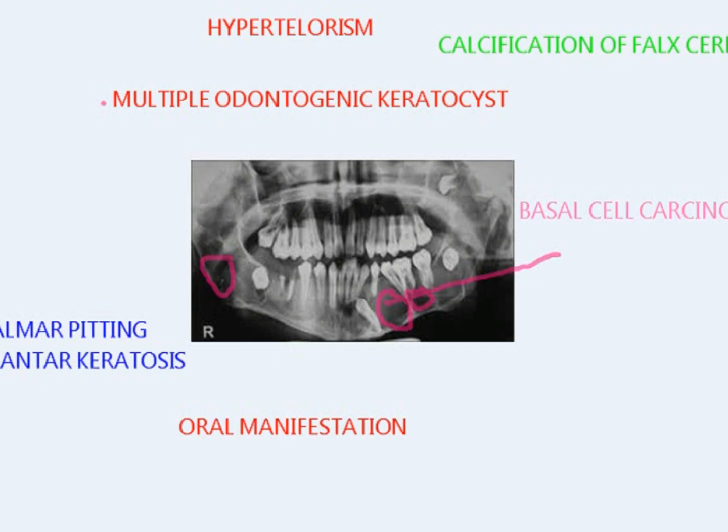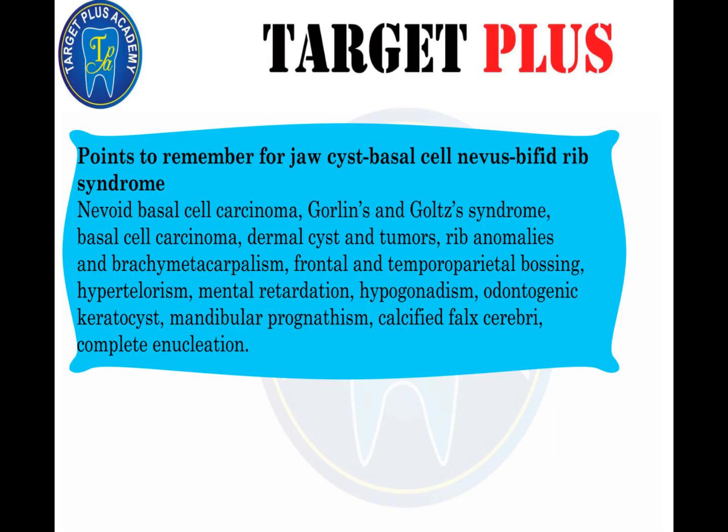Now, management is complete enucleation of the lesion. Periodic examination should be done to check for its recurrence. Now, points to remember for this cyst: it is also known as nevoid basal cell carcinoma, Gorlin-Goltz syndrome.